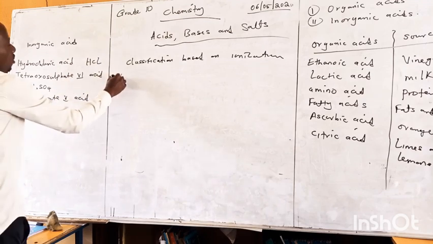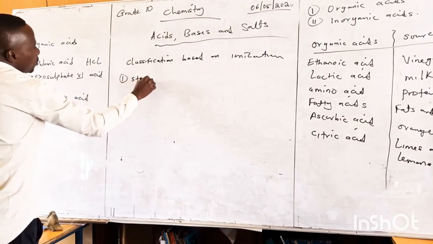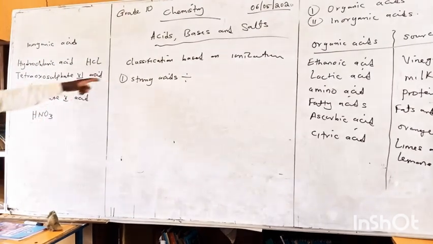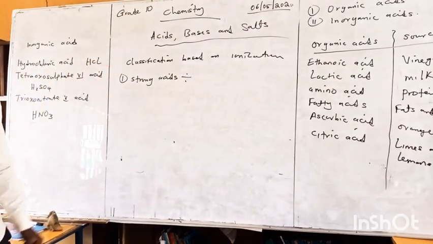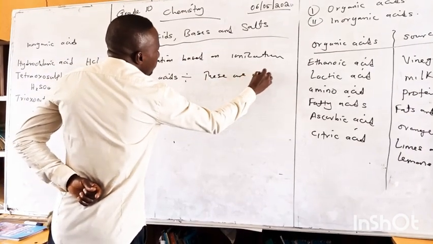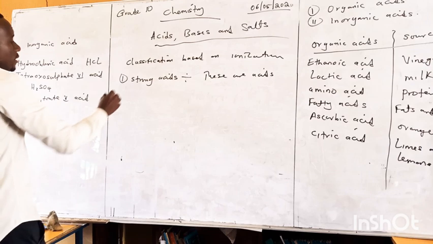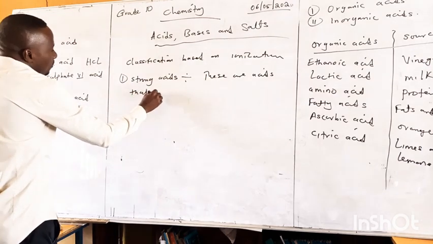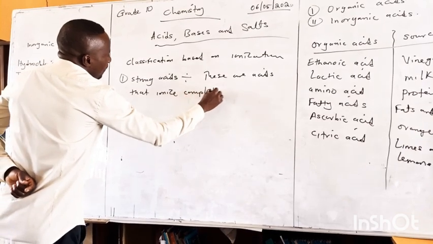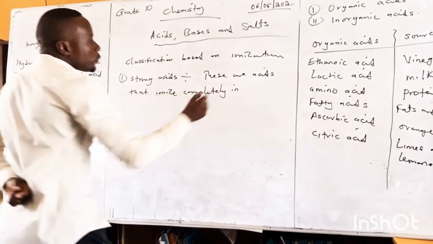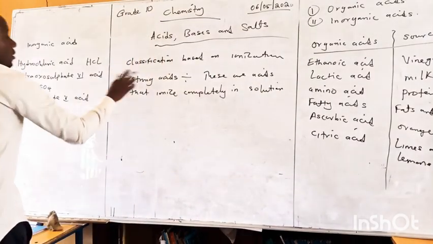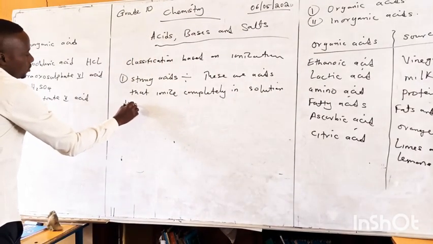There's one we call the strong acids. What are strong acids? These are acids that ionize completely in solution. Examples of strong acid: H2SO4 is a strong acid.